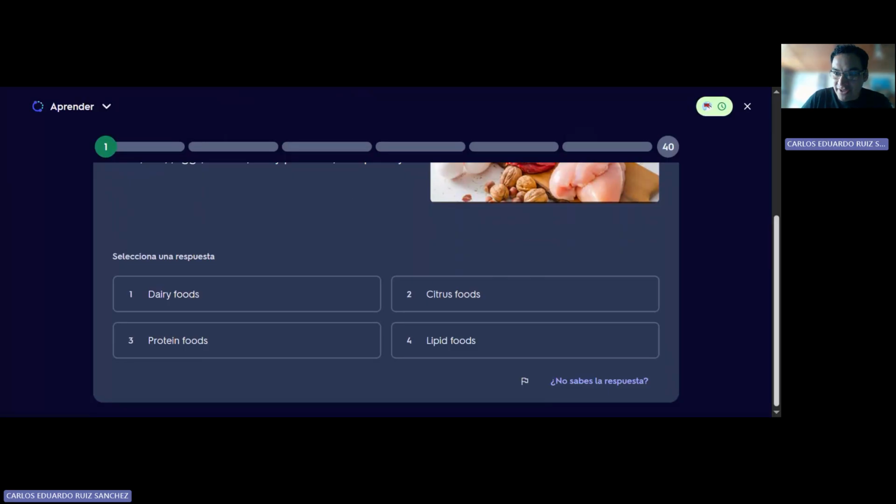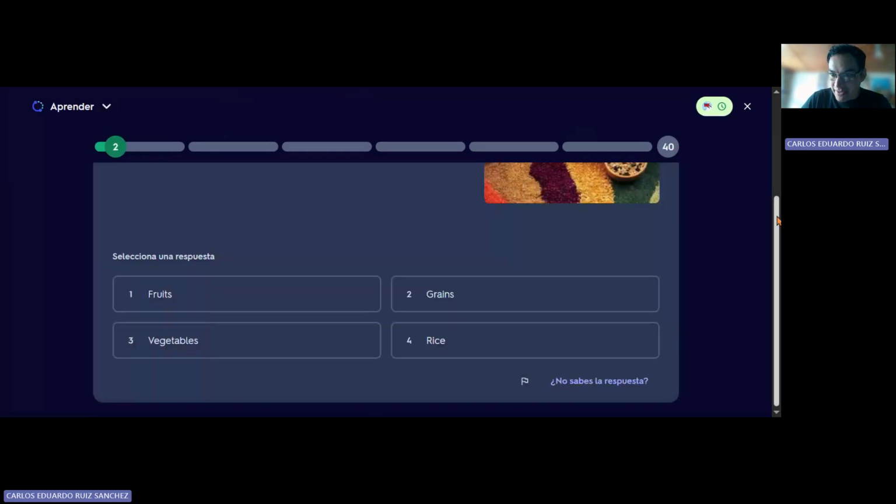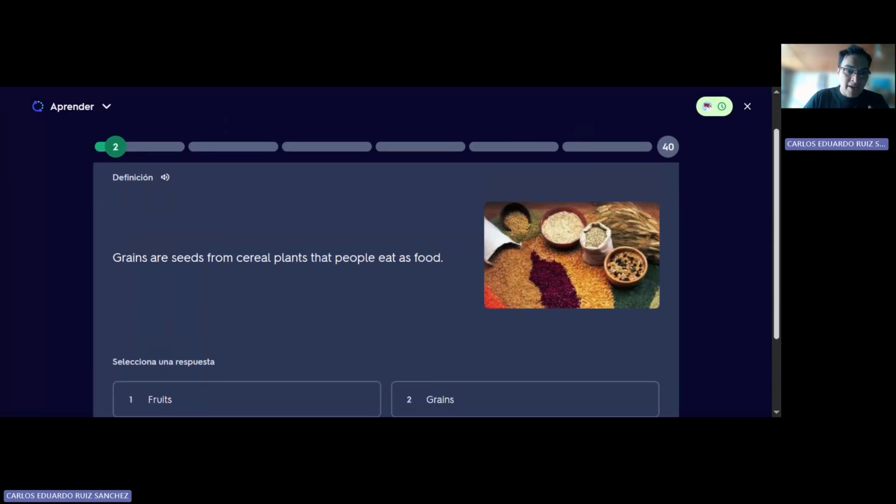Are protein foods dairy foods? Are protein foods citrus proteins or lipid foods? Give your answer. So in this case, I am going to choose protein foods.